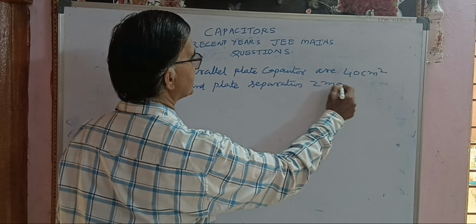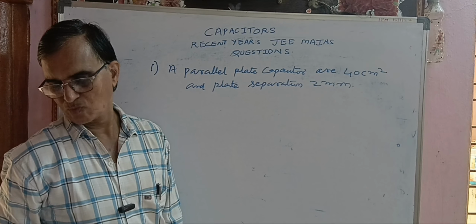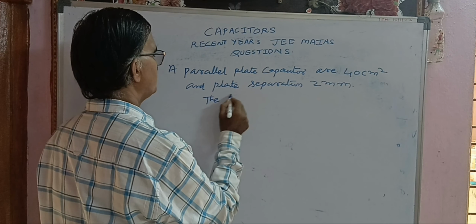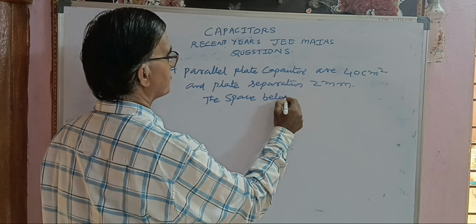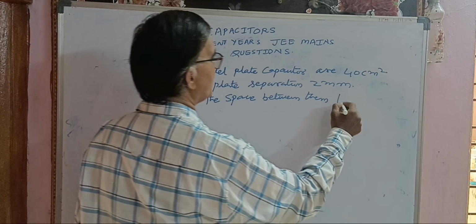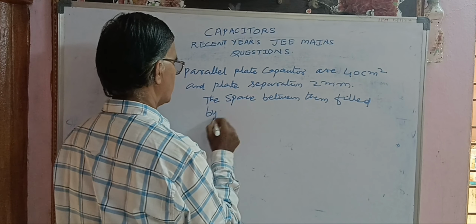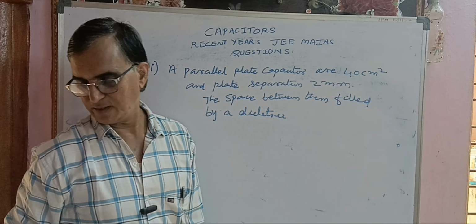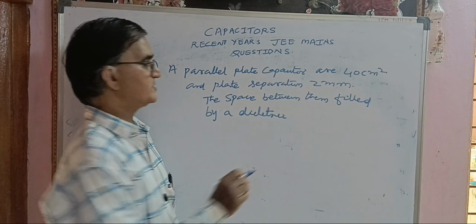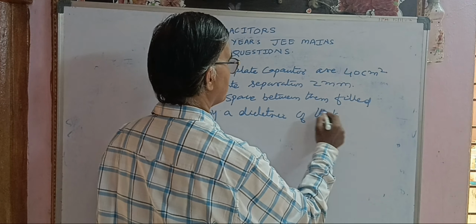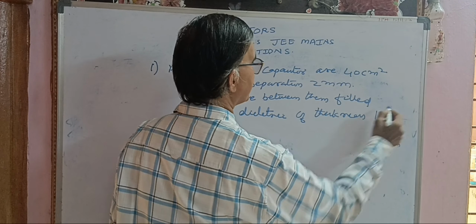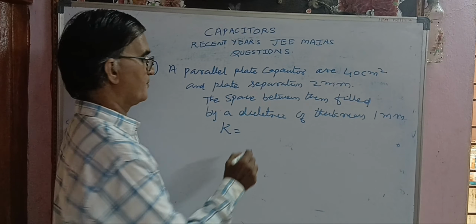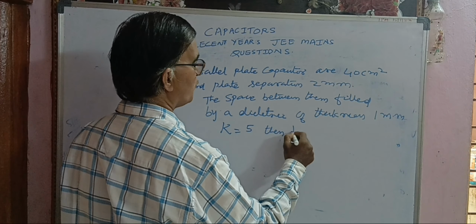The space between them is filled by a dielectric medium of thickness 1 millimeter and dielectric constant K is 5. Then find the capacitance.